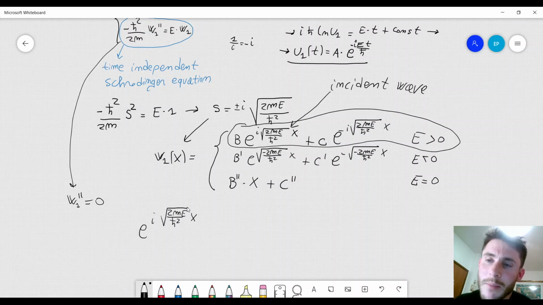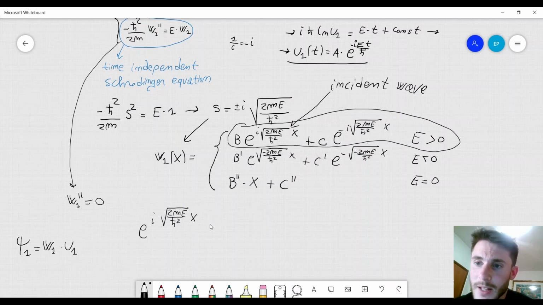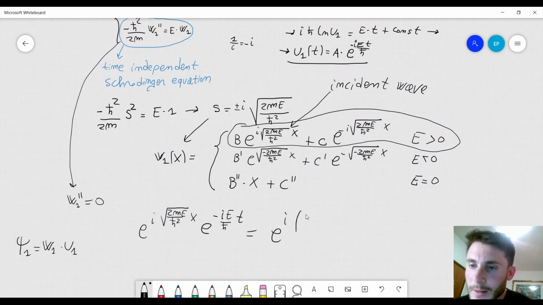And also remember that when we want to consider the function psi 1, we have to multiply w1 times u1. And u1 is some constant that multiplies e to the minus i E over h bar t. Okay, so if you put them together, you have e to the i (square root of 2mE over h bar squared times x minus E over h bar t).